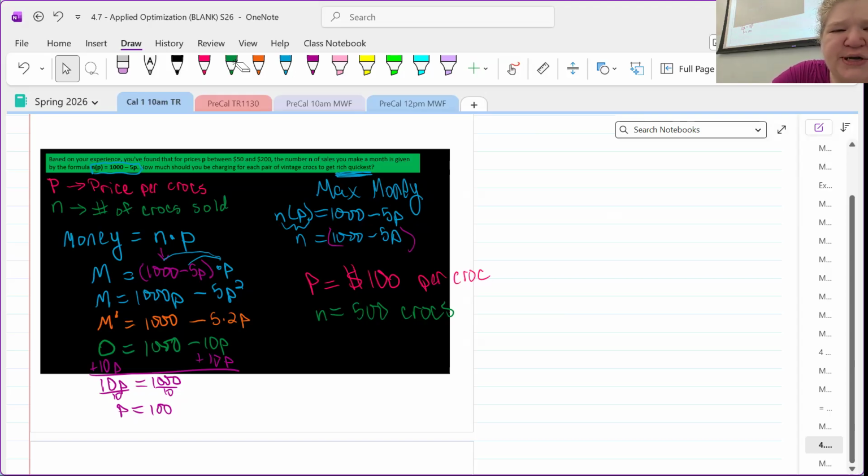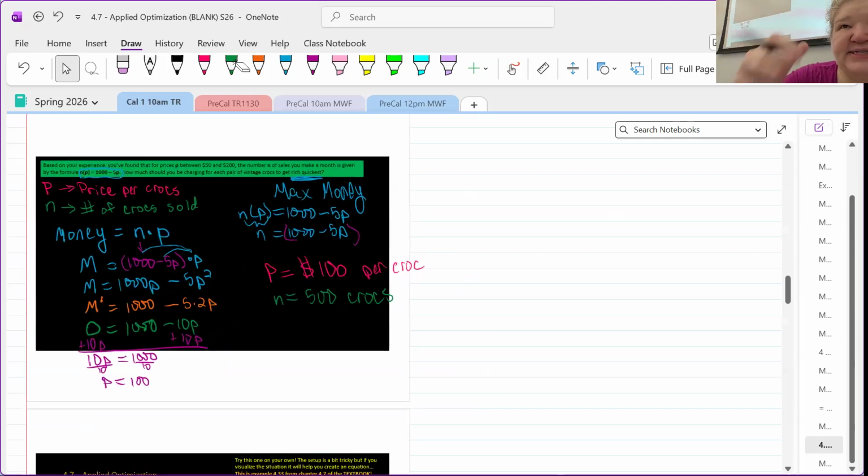Now, this was strictly from a revenue perspective, like the money we got, that was just our incoming revenue. If we knew costs, like rent they were paying on the facility, their storefront, and how much money it costs per pair of Crocs, we could actually incorporate that in here and have a profit function and then take the derivative of the profit function.